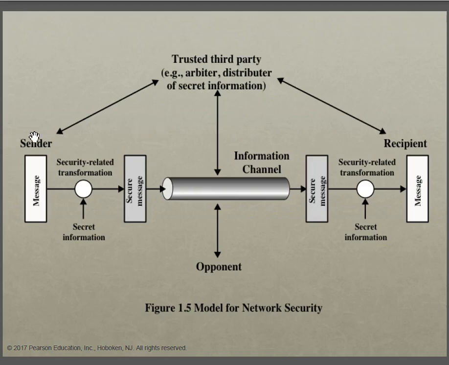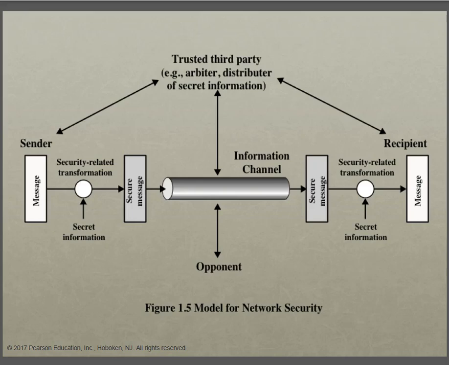This kind of key will be provided to them and the data will be authenticated from the sender to the recipient. So this general model shows that there are four basic tasks in designing a particular security service. That is very important to be noticed.